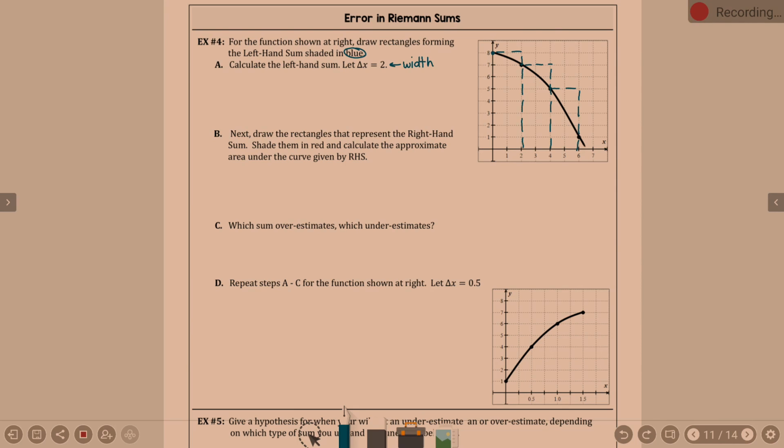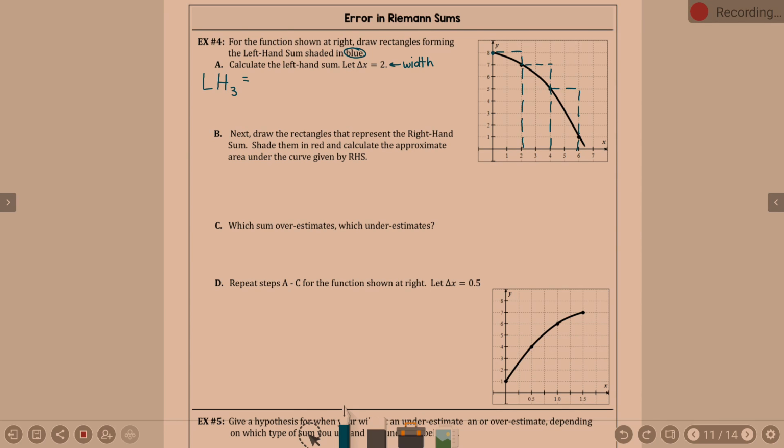Okay. Calculate the left-hand sum. I'm going to say LH for left-hand sum. How many rectangles did I end up with? 3. So I'm going to say LH3. What do you know about all 3 of these rectangles? They all have a width of 2, yes?